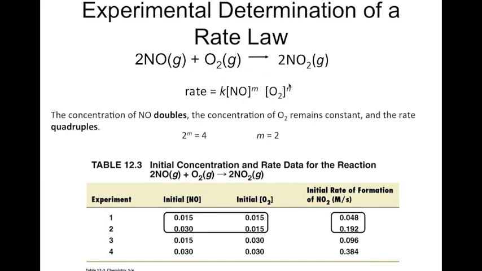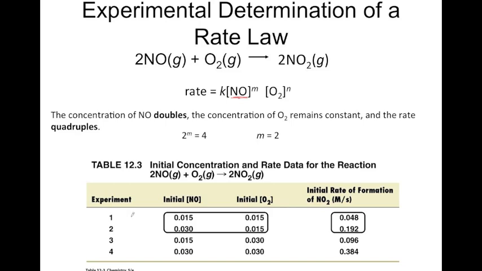So the first thing you want to do is pick one of your reactants and determine the order for that reactant. So let's determine the order for NO first. To do that, we want to look at our experimental data down here, and we want to choose 2 experiments.